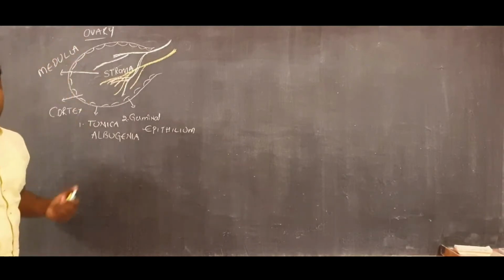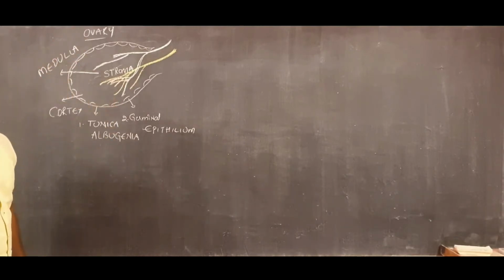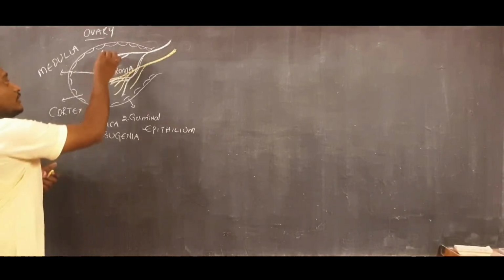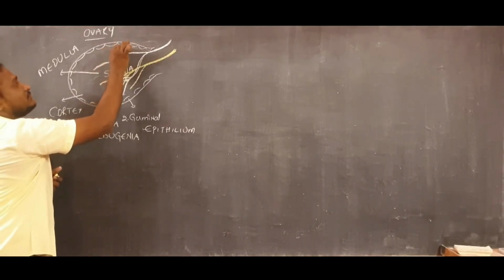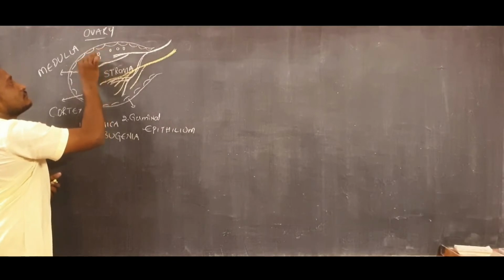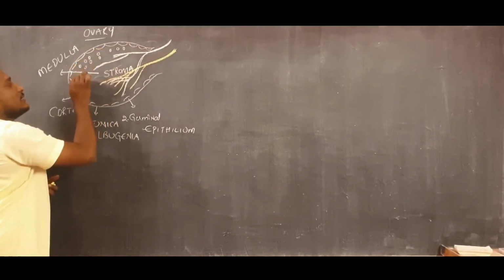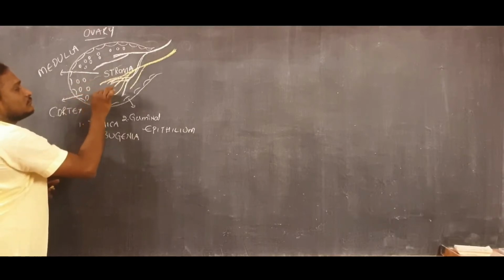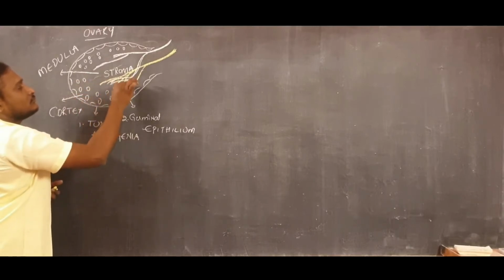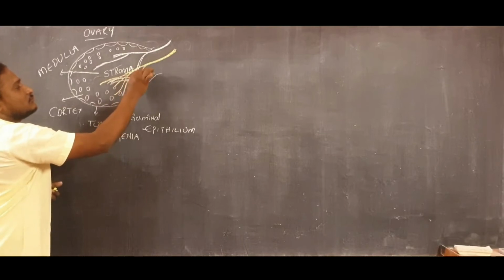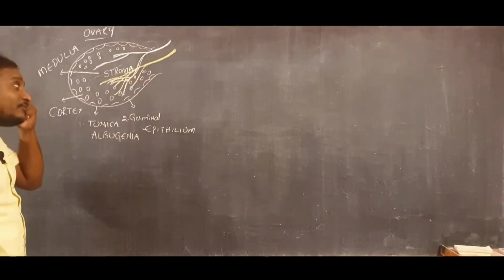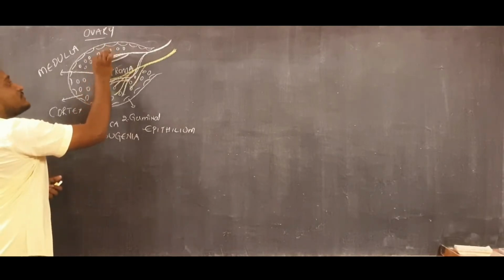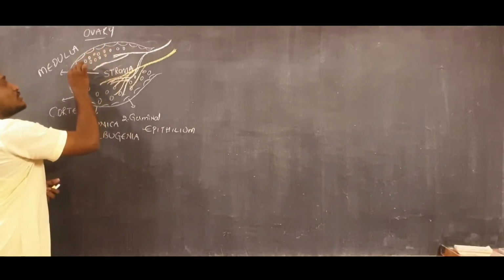Likewise, different parts are present within the ovary. And here we will observe two types of cells. One is oogonial cells, and along with that there is another type of cell called stromal cells.